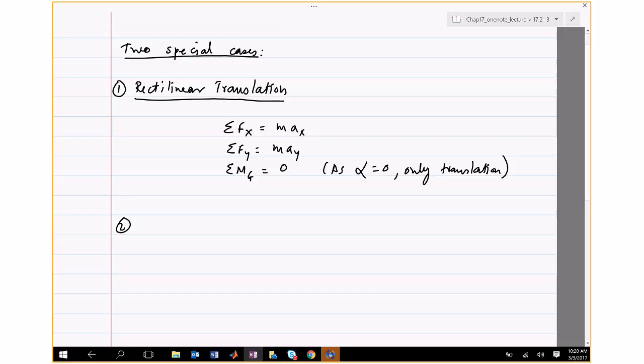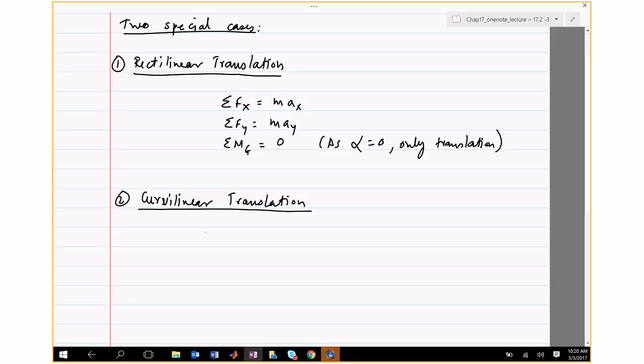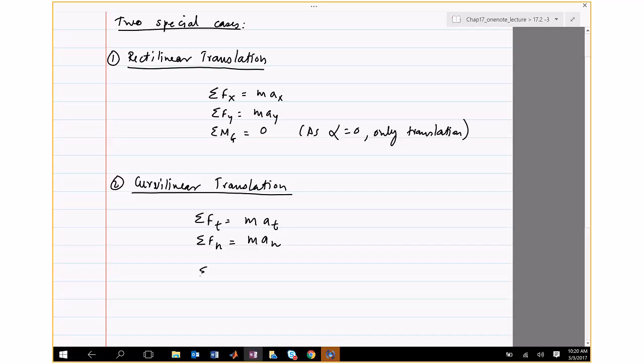The other case is when we do curvilinear translation. In this case, as I said, the coordinate of choice is the tangential and normal coordinates. So Ft is mass times acceleration in the t direction, Fn is mass times acceleration in the normal direction, and because it's only translating, the net moment about G is 0 as alpha is 0, only translation.